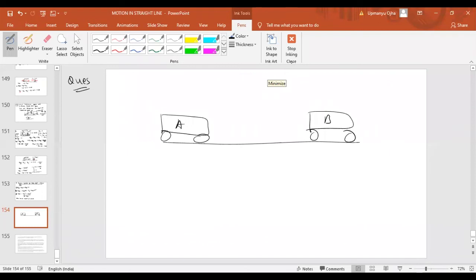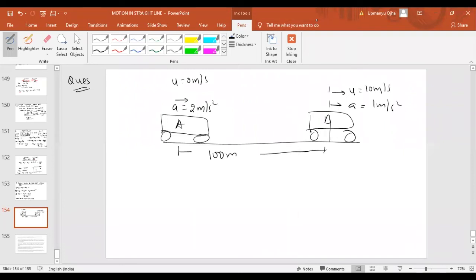Car A: the initial velocity of car A is 0 meter per second, the acceleration is 2 meter per second square. The distance between A and B is 100 meters. The initial velocity of B is 10 meter per second, and the acceleration of B is 1 meter per second square. That is the initial condition which is given to us.